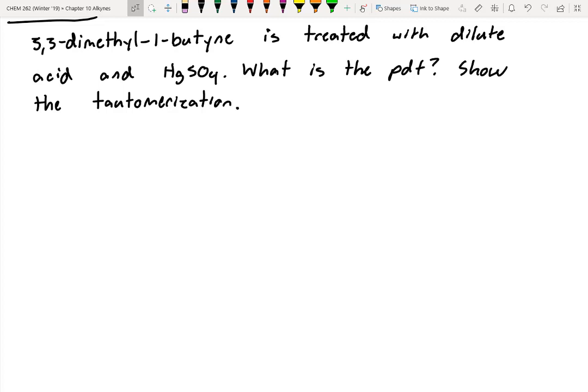All right, while you're working on that, I'm going to draw the starting material. So we've got an alkyne that looks like this. Oftentimes, to avoid confusion, I'll even show the terminal proton coming off.